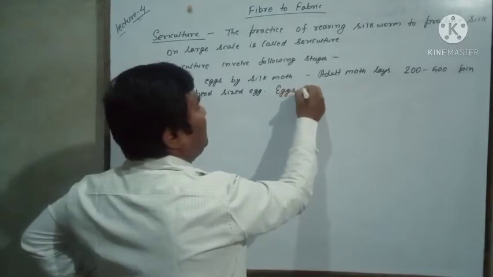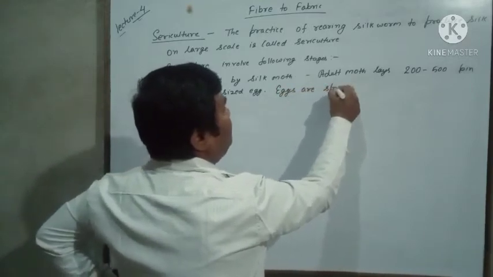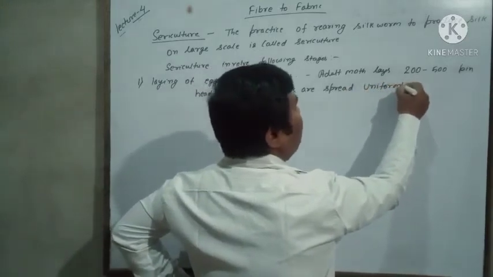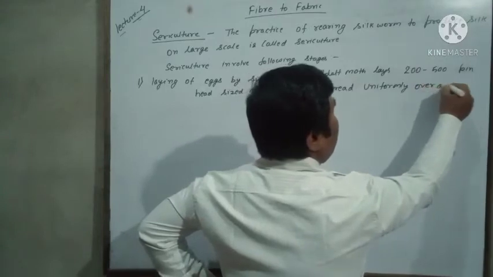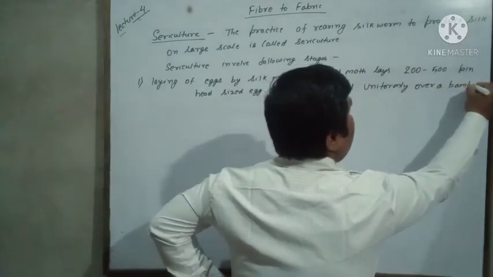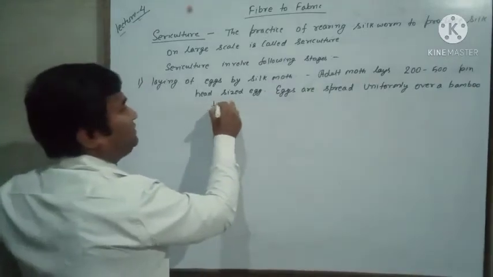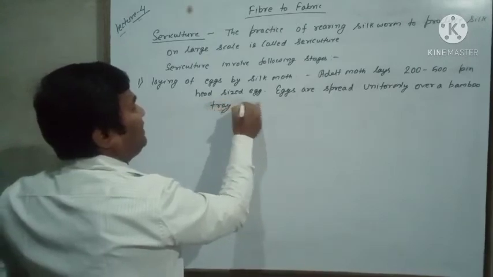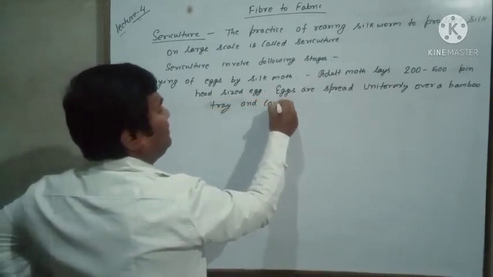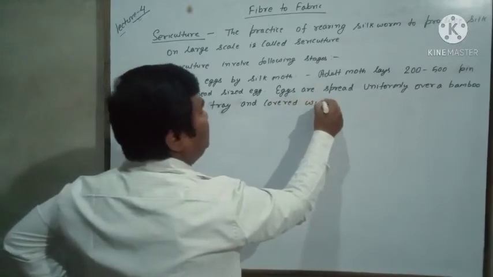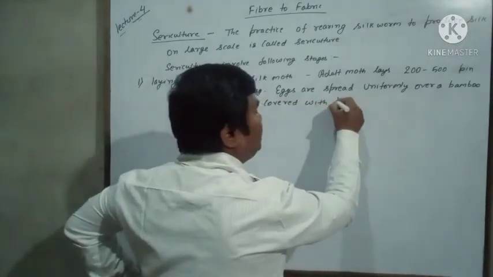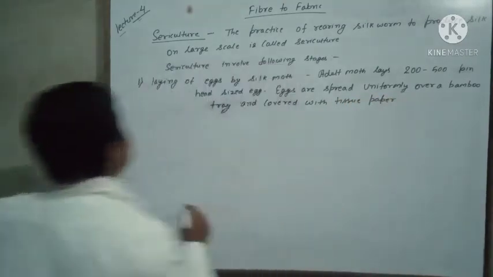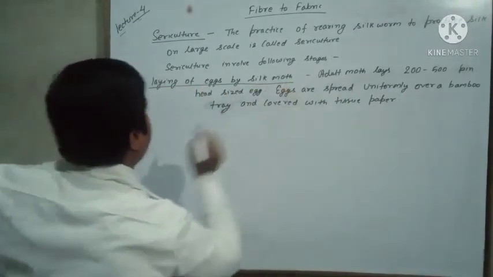Eggs are spread uniformly over a bamboo tray, and covered with tissue paper. This is the first stage.